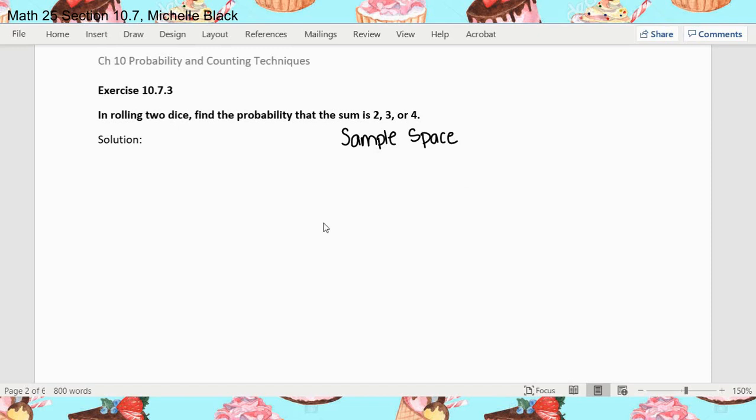Well, I know that for my first die, I can either roll a 1, a 2, a 3, a 4, a 5, or a 6. And for my second die, I can get a 1, a 2, a 3, a 4, a 5, or a 6.